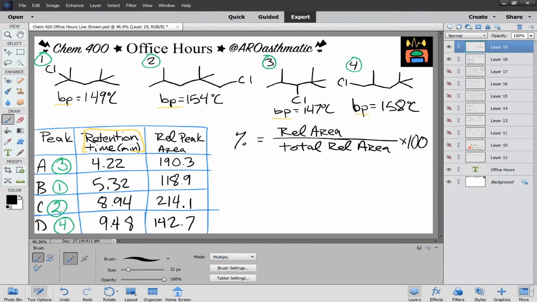Our total relative area will be 190.3 plus 118.9 plus 214.1 plus 142.7.